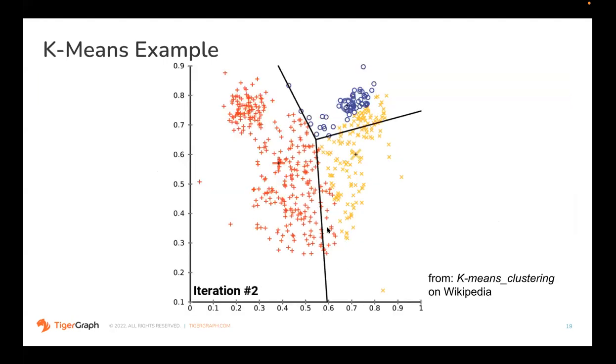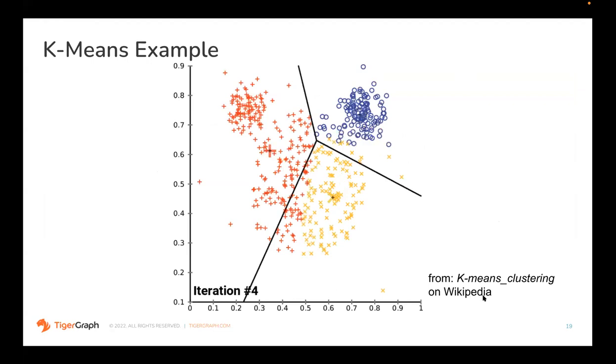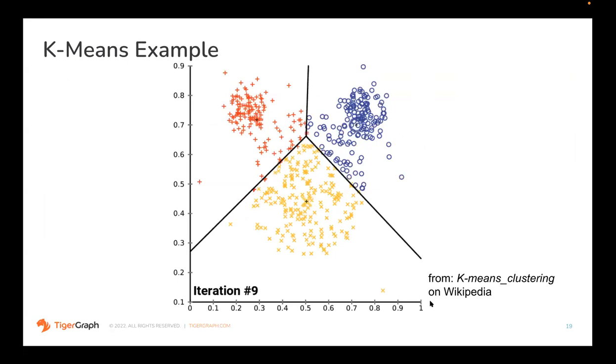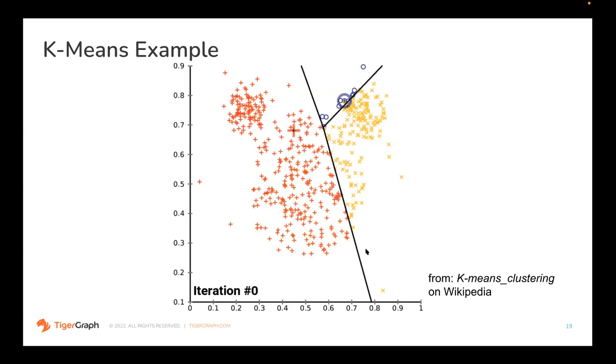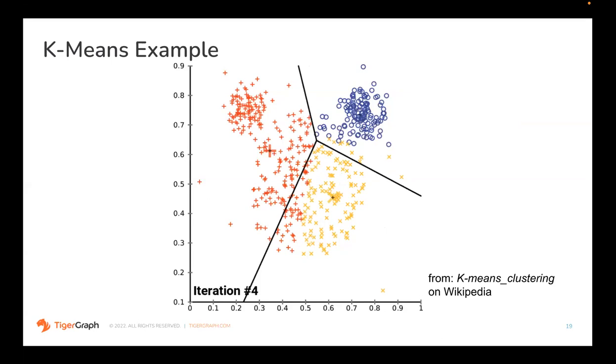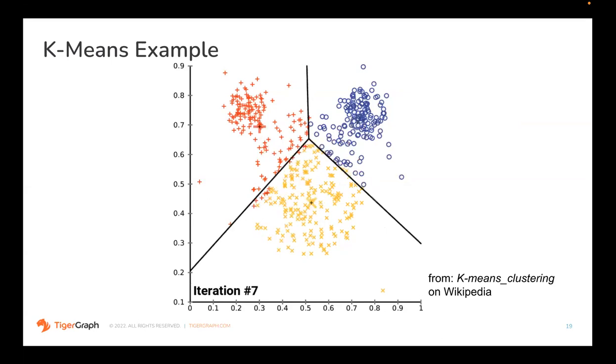This is a little animated GIF I took from Wikipedia, and it's showing how Kmeans is an iterative algorithm. So what you do is you start with just a guess. First, you have to pick a K. K is how many partitions do I want? So it's not going to pick the optimal number of communities.